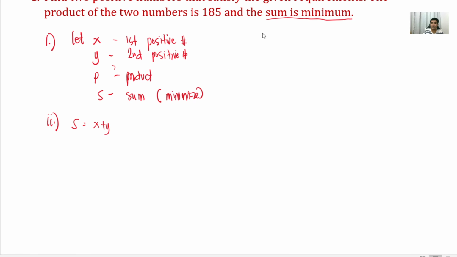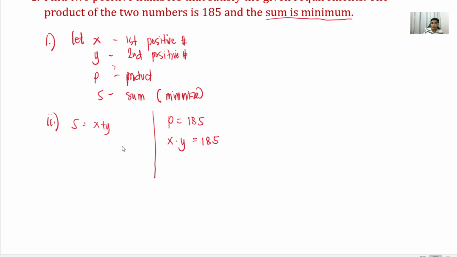Babalik ka ngayon dun sa given sa problem. Ano yung given sa problem class? The product of the two numbers is 185. So the product daw is 185. And ano ang formula ng product class? Di ba that is x times y. So yung product daw nung dalawang numbers class is 185.